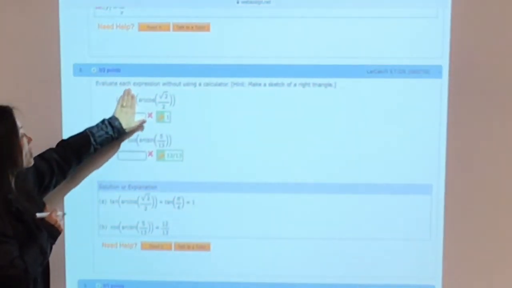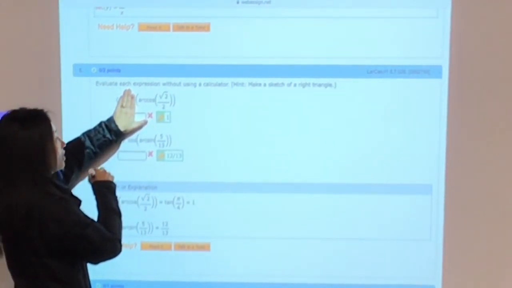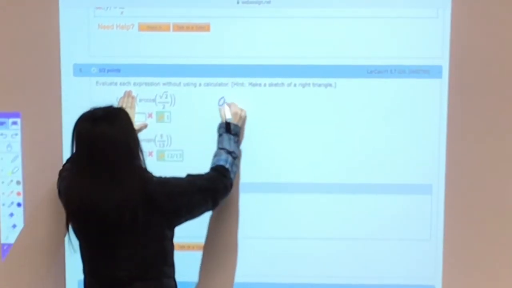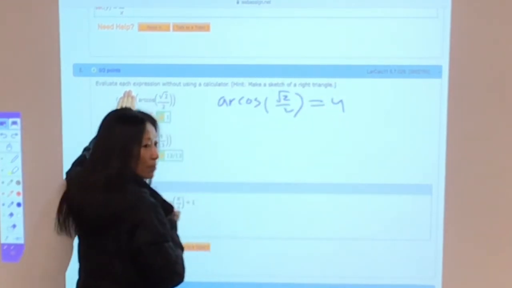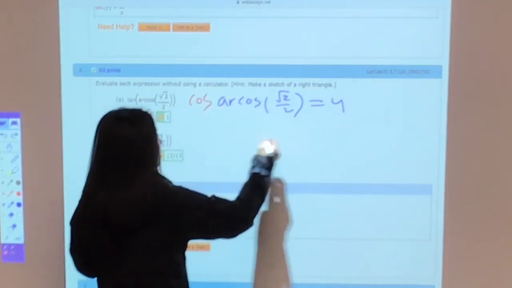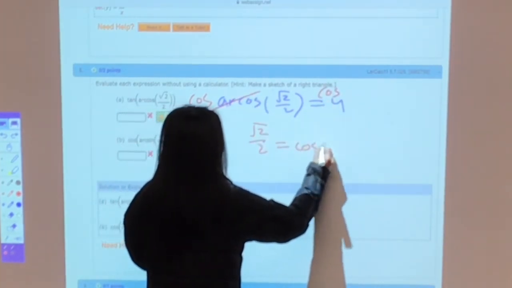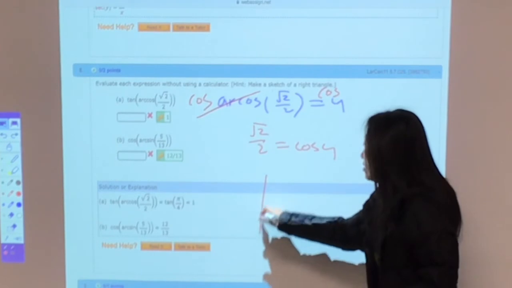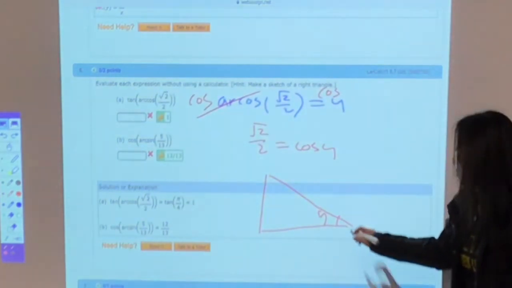All right, we don't do this problem right now. We're gonna do arc cosine. So don't worry about this part right now. I have arc cosine, and because it's arc cosine, I need to apply cosine. That cancels out. I have square root of 2 over 2 equal to cosine y. I already know that equals 45 degrees, but say if you don't know, draw yourself a triangle.